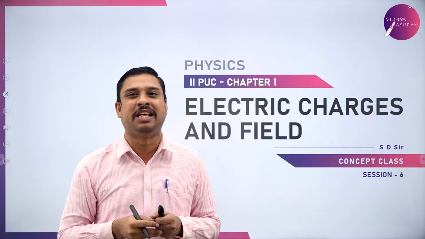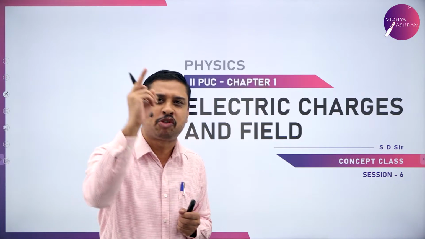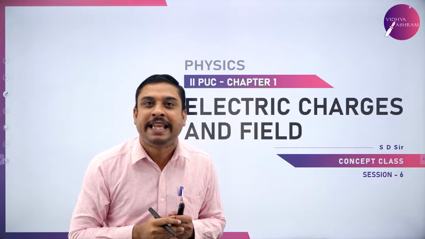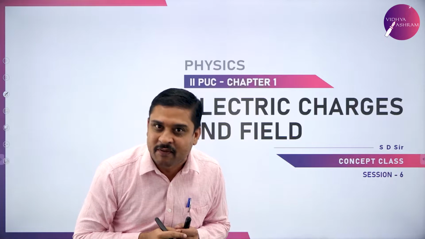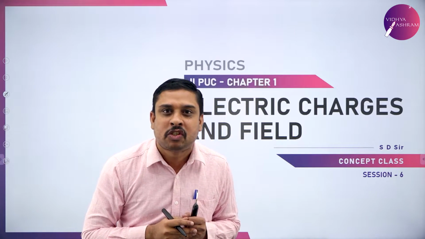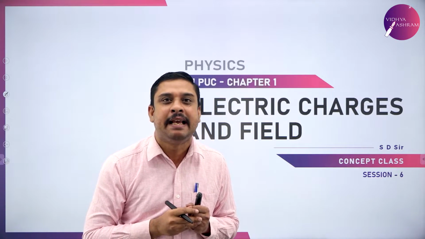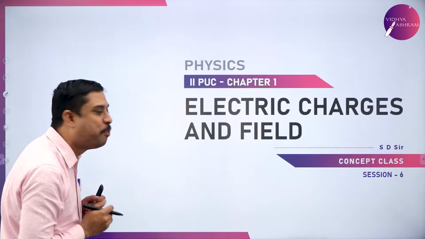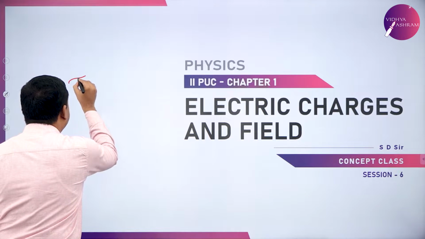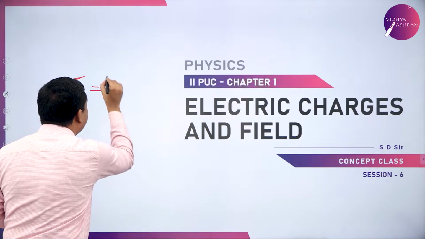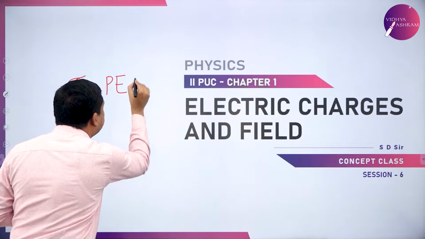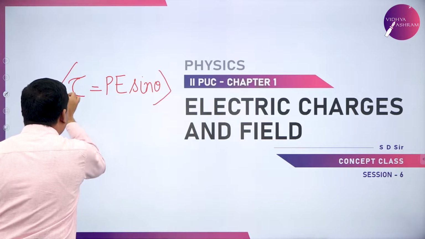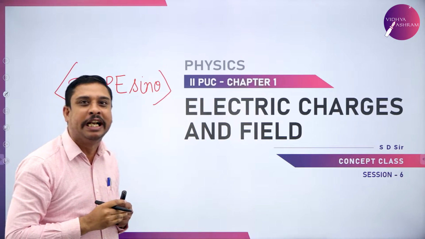So now, just to have a recap, a review of what we did in my previous session, we stopped discussing something called torque acting on a dipole, where we wrote tau equals PE sin theta. So this is the expression for torque we mentioned.